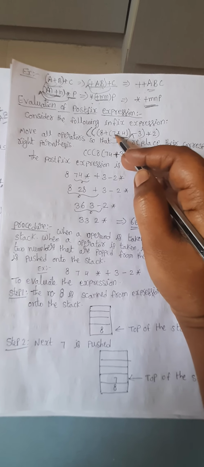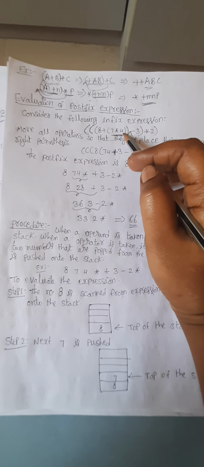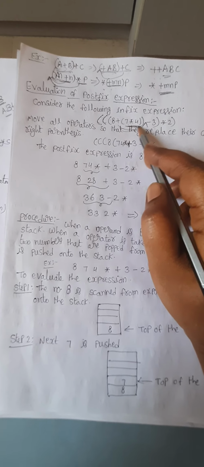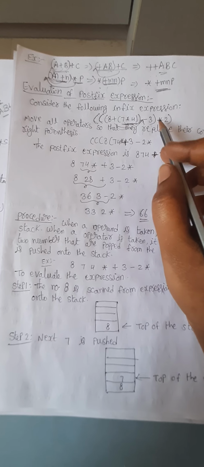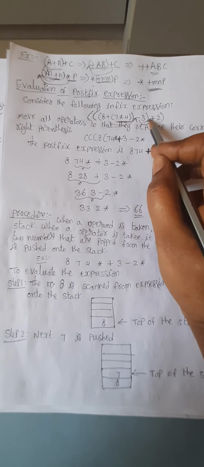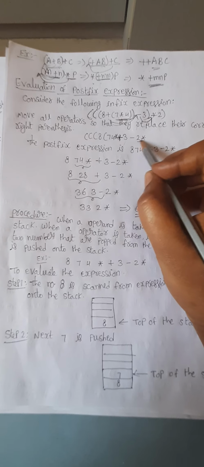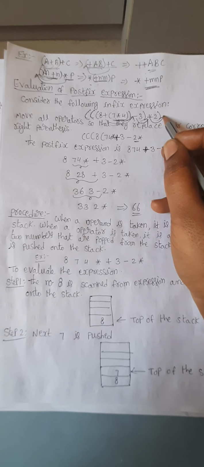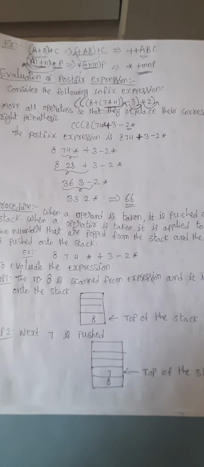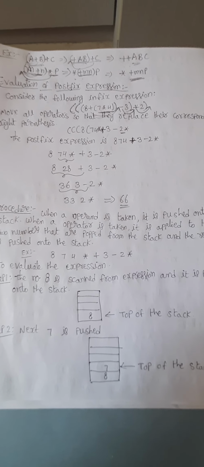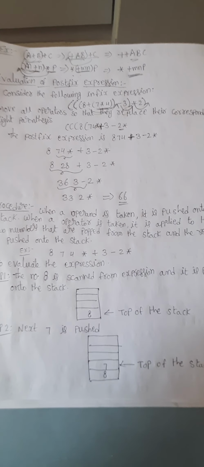This is one expression, 7 into 4, 7 4 multiplication, and again here 7 4 multiplication, and plus will be moved here, plus 3 minus will be moved here, 2 multiplication will be moved here. Like that, we have to move the operators to the right side.